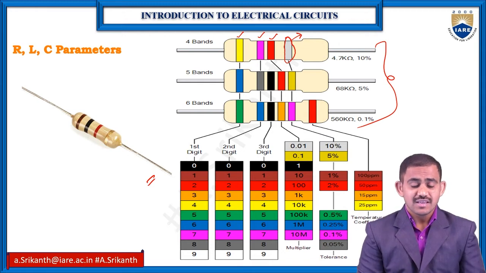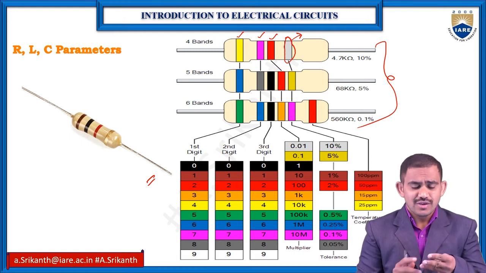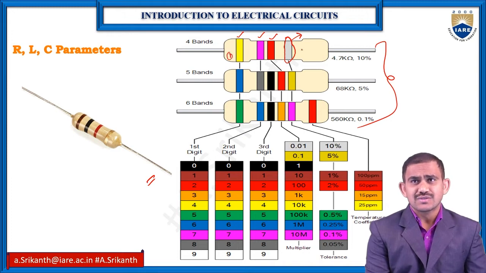Now we have 3 colors: yellow, violet and red. Yellow is the first one, violet is the second one, and red is the third one.